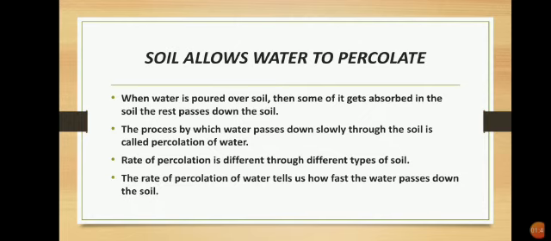and the remaining water passes down. In our last experiment, when I was describing the activity to find the percentage of water absorbed by the soil, you had taken a funnel with filter paper, isn't it?